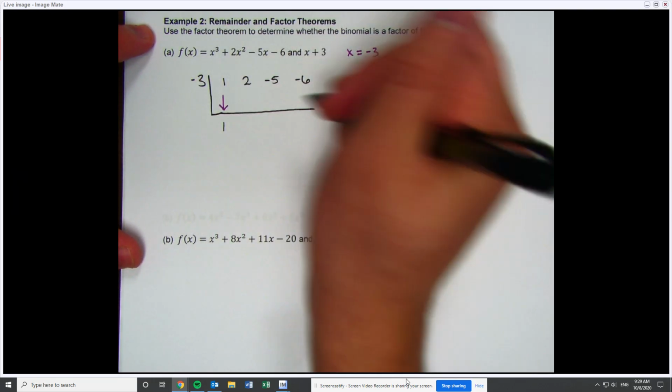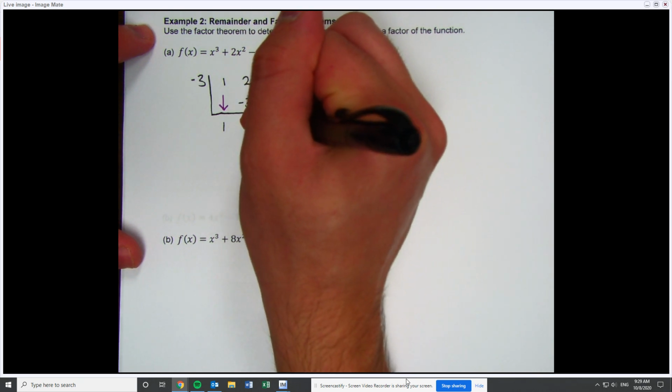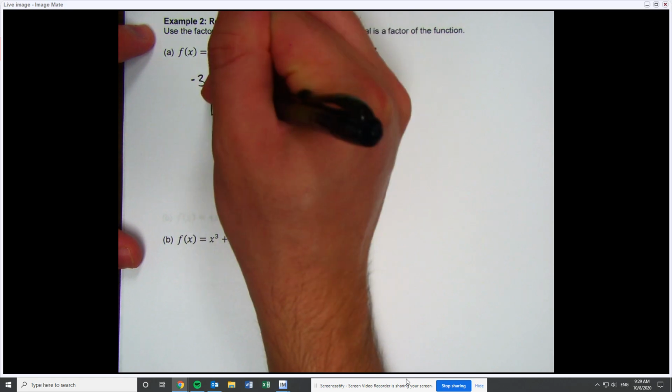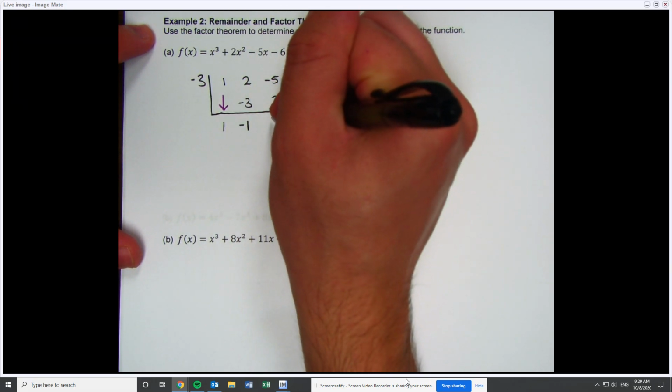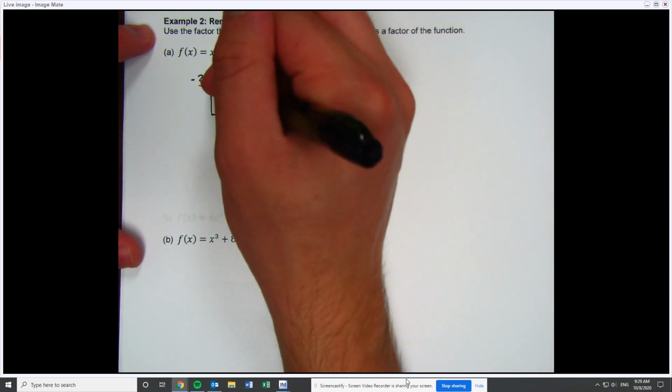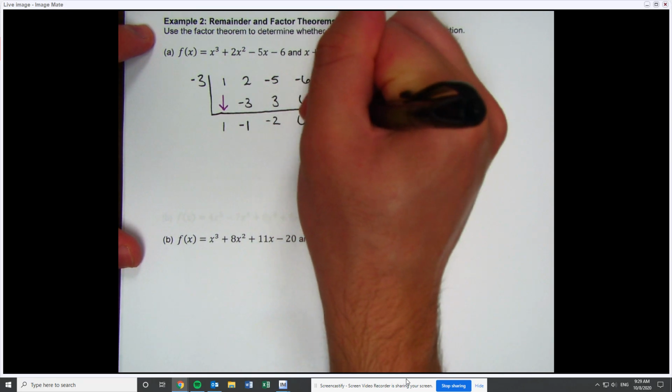And then -3 times 1 is -3. Add that to 2 and we get -1. -3 times -1 is 3. Add that to -5, we get -2. -3 times -2 is +6. Add that to -6, we get 0.